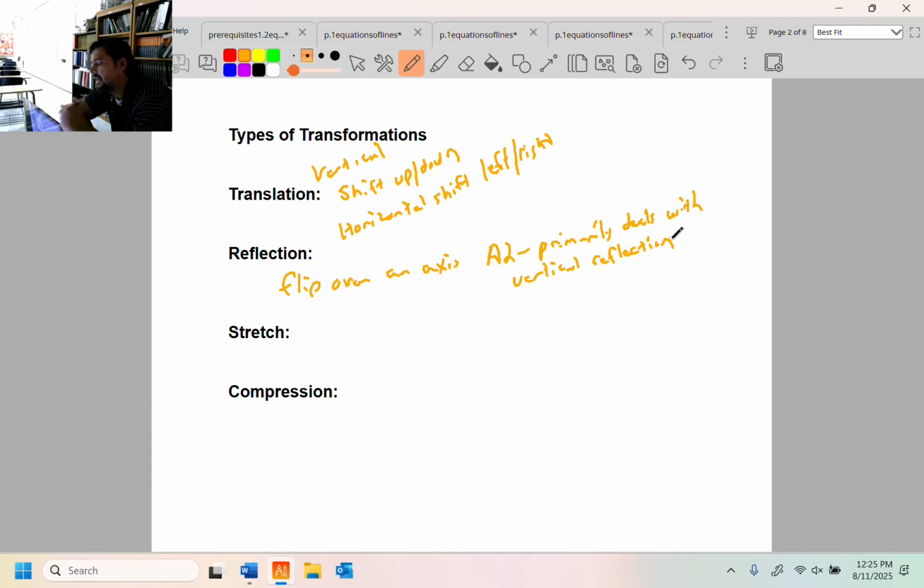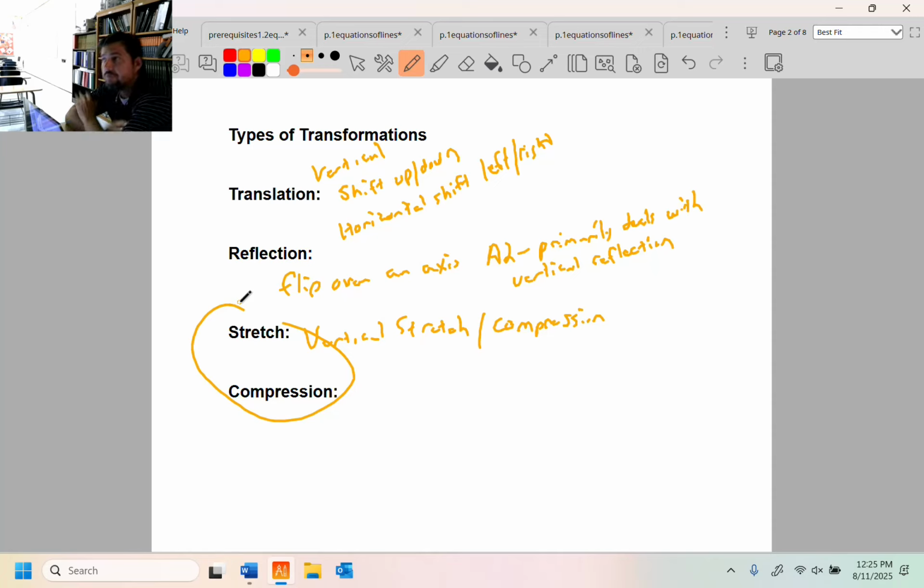A stretch, you can have either a horizontal or vertical compression, and we usually deal with vertical compressions or vertical stretches. It can be a vertical stretch or a compression. And again, I think the horizontal aspect is past this. Anyways, I don't know why I mentioned those separately. You can have a stretch or compression.